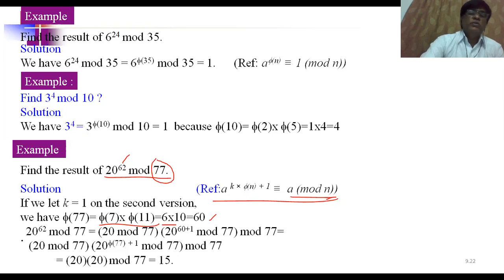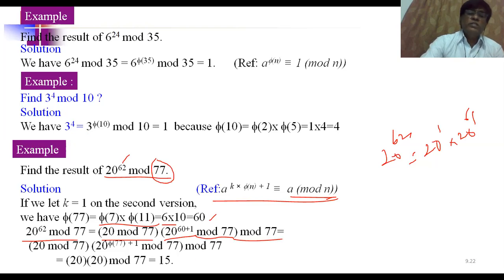That means 20 power 62 mod 77 can be written as: 20 power 62 is 20 power 1 into 20 power 61. So this is 20 mod 77 into 20 power 61, where 61 means 60 plus 1, mod 77.